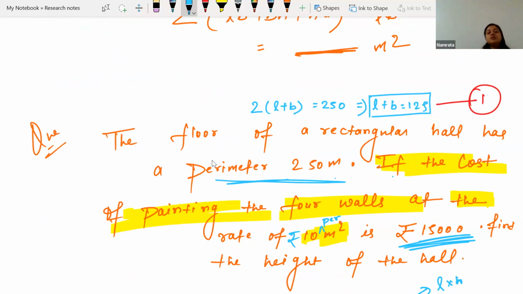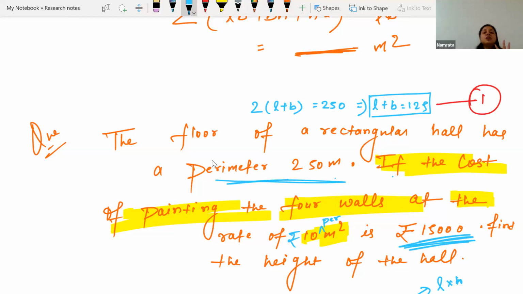And let's move to the next part, the yellow part. The cost of painting the 4 walls at the rate given, rupees 10 per meter square. Meter square means area, surface area. So the cost of painting the 4 walls only, not the base, not the floor, not the ceiling.